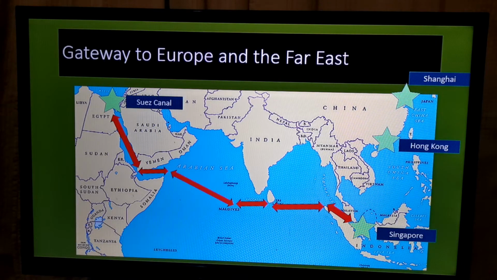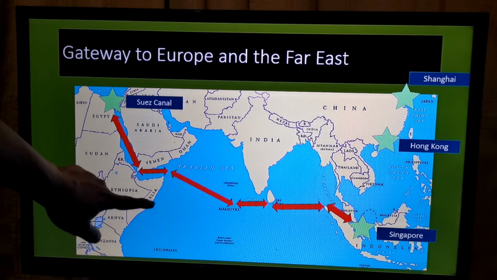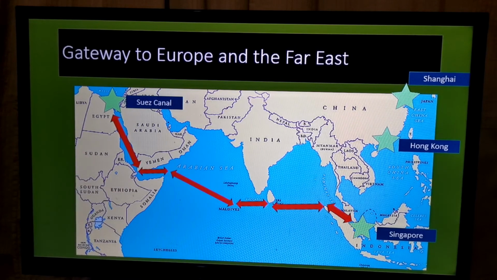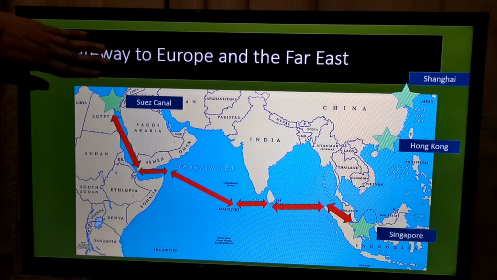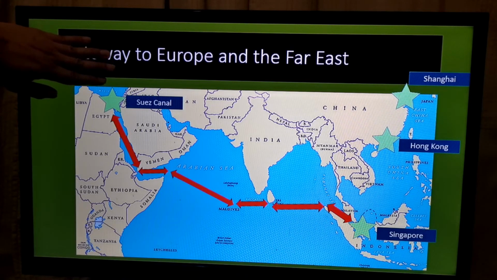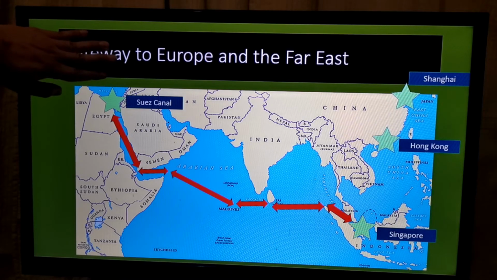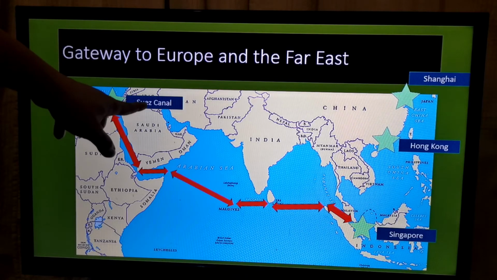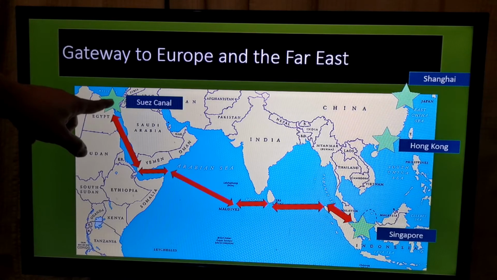Now, Somalia over here has a very strategic location because it's actually the gateway to Europe and the Far East and vice versa. Over here in this place is Europe, and for you to go to Europe, you have to pass through the Suez Canal, which is in Egypt, located here at the star.